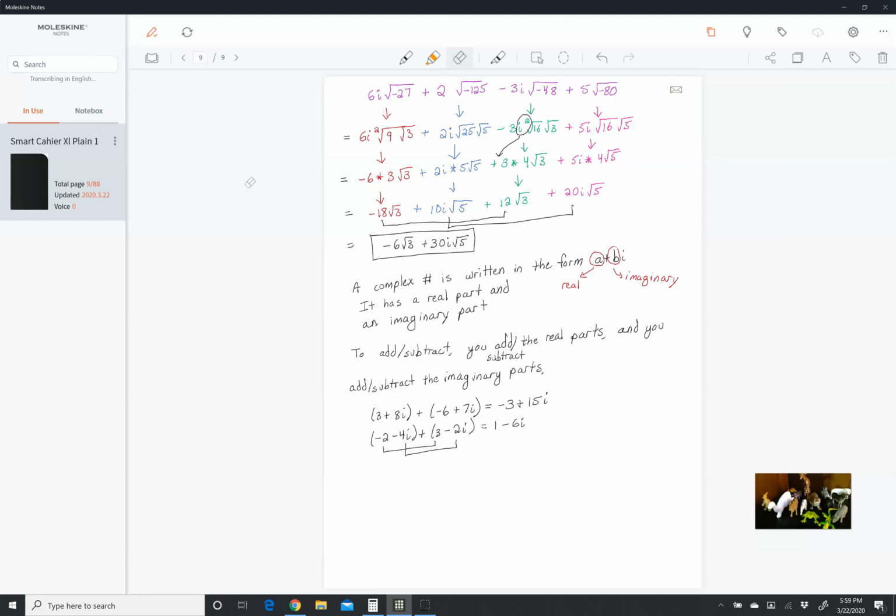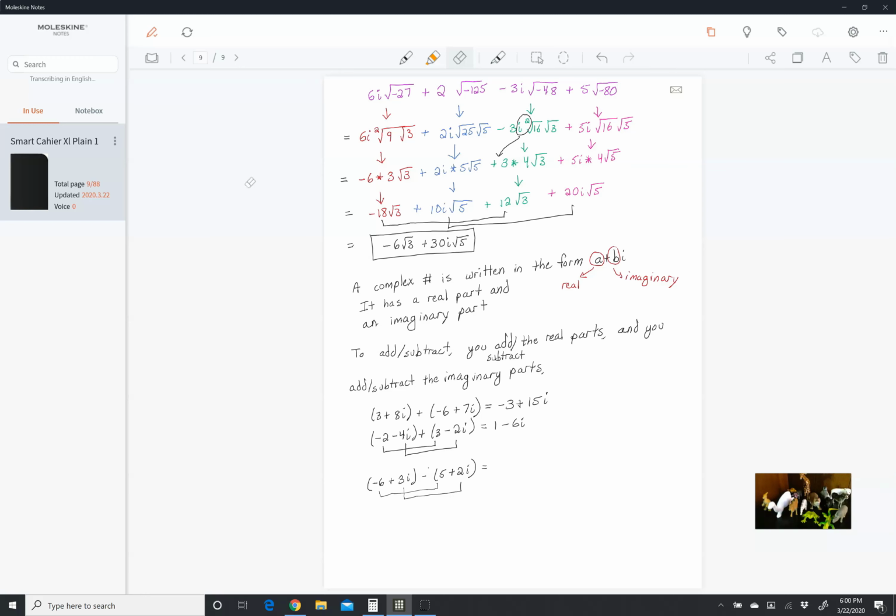So you can do this in one of two ways. Let's say that we have negative 6 plus 3i minus 5 plus 2i. So you can either subtract the reals, subtract the imaginaries, okay?